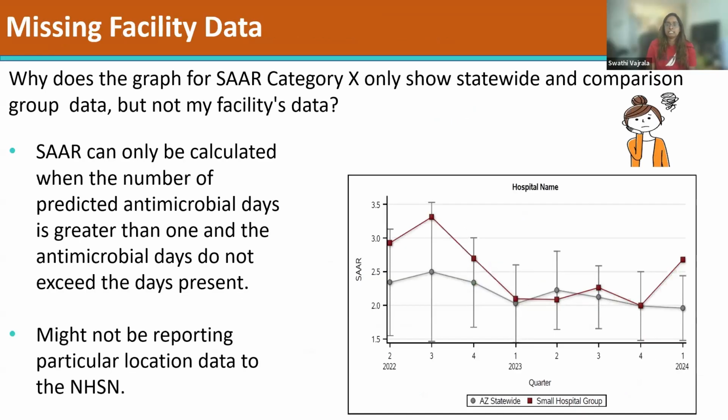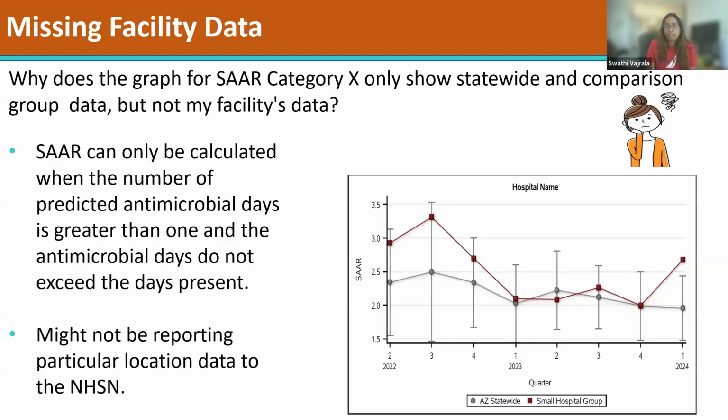And also, you may see some of the graphs without your facility data. You may see only either the statewide graph or the small hospital group. You may wonder why your facility does not have the line. That means either your facility is not submitting eligible patient care locations to the AU data, or the SAR can only be calculated when the number of predicted antimicrobial days is greater than 1, and also only specific adult care locations are eligible for SAR generation.